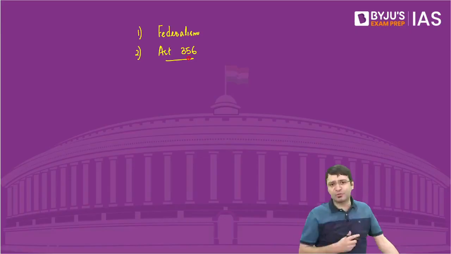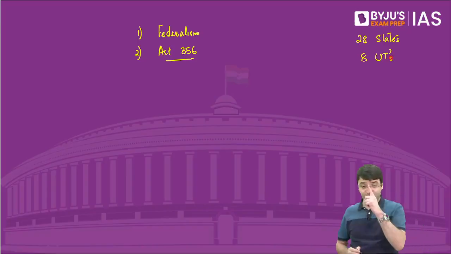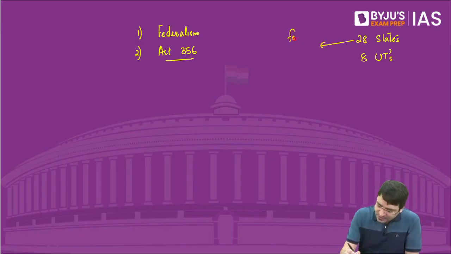Now, imagine a situation where we have 28 states and 8 union territories. Listen to me carefully. We have 28 states, we have 8 union territories. These states share federal relationship with the center.